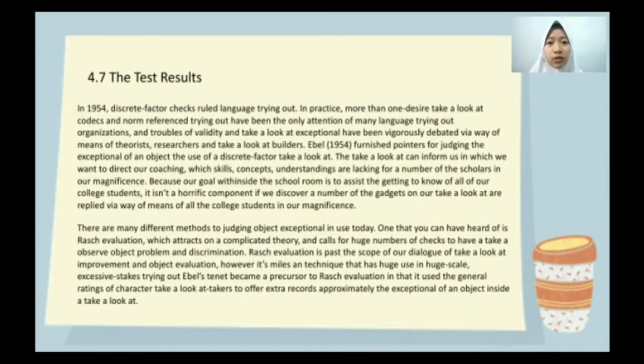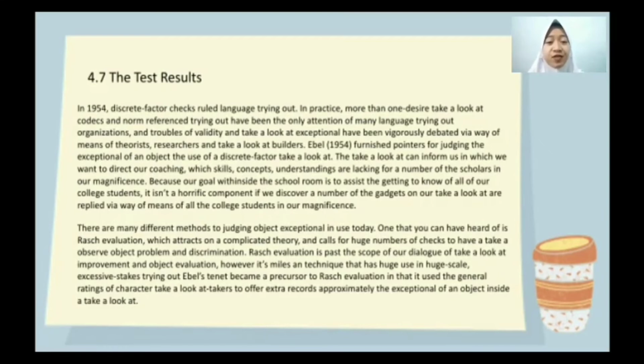Because our goal in the classroom is to help the learning of all of our students. It is not a bad thing if we discover some of the items on our test are answered by all the students in our class.